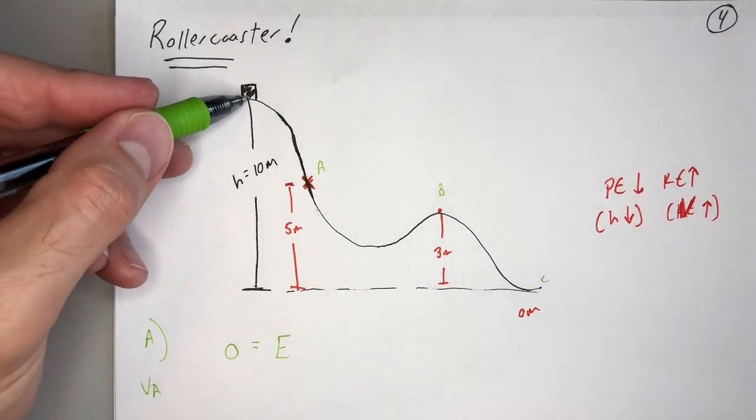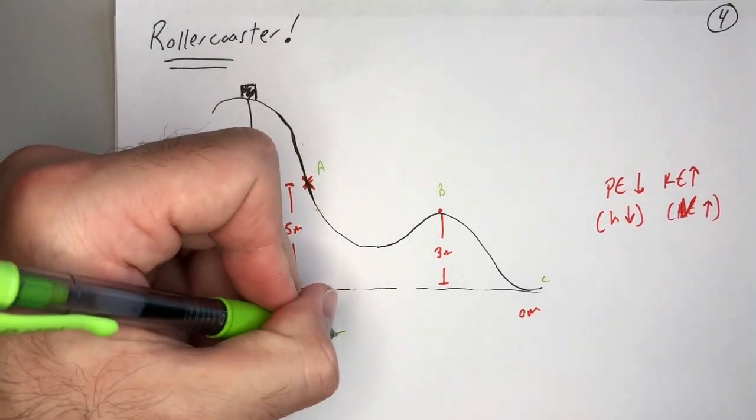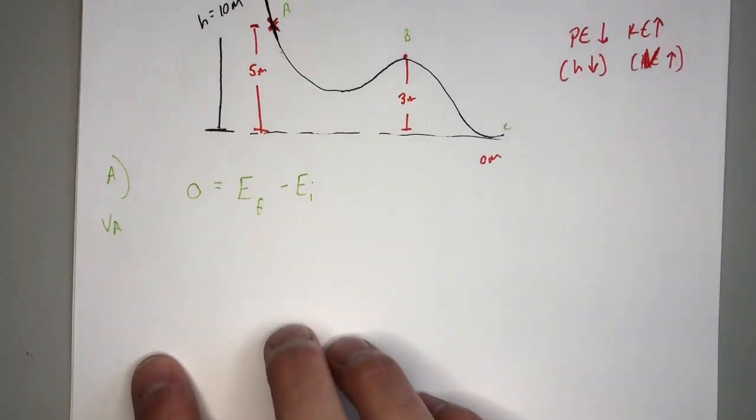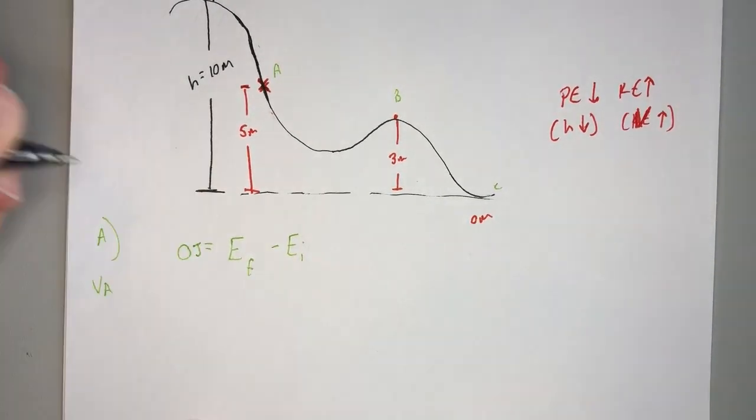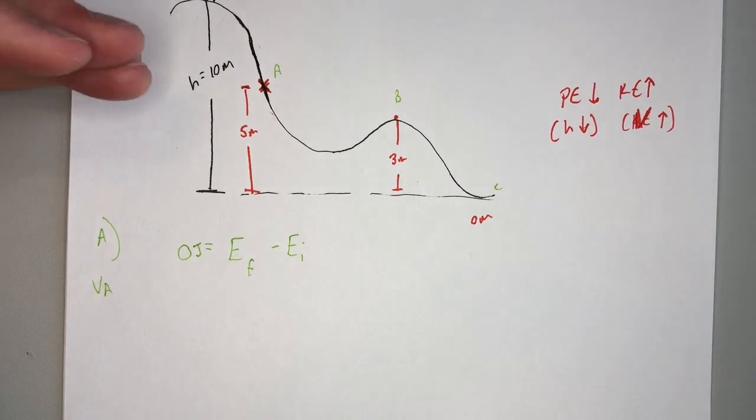As you're going down the roller coaster, here's the deal: E final minus E initial equals 0 joules. I'm telling you right now, we have no friction acting in our system. We have no person pushing the roller coaster. The only force is a conservative force, gravity, acting on our system. And keep in mind, it doesn't matter. I know it's weird.